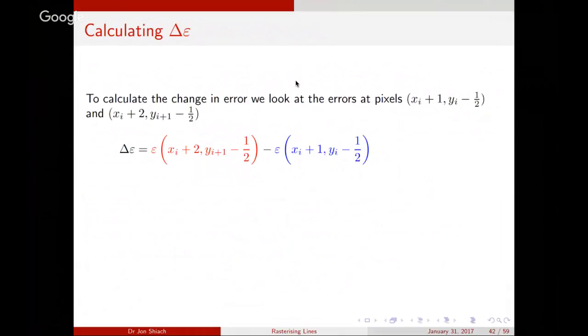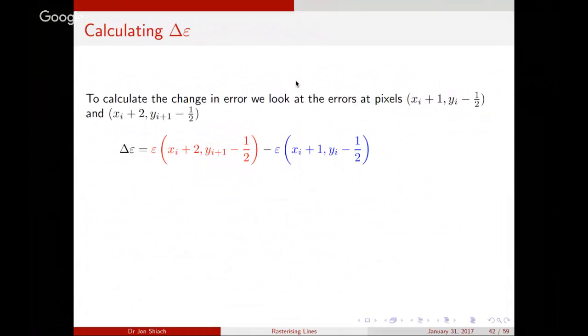Okay, so let's have a look at the algebra. As before, we remember with Bresenham's, we didn't calculate the error each time, we just added something to the error, a change in error. So the change in error we're going to look at is between the pixels at x plus 1, y minus a half, so that's at the next midpoint, and the midpoint after that.